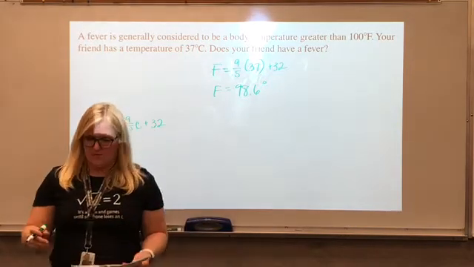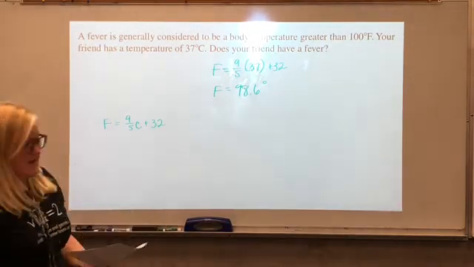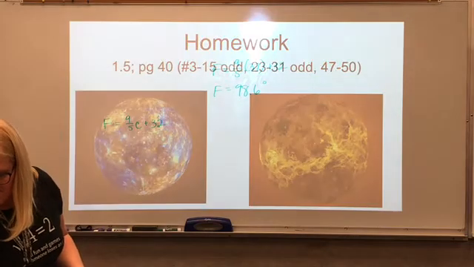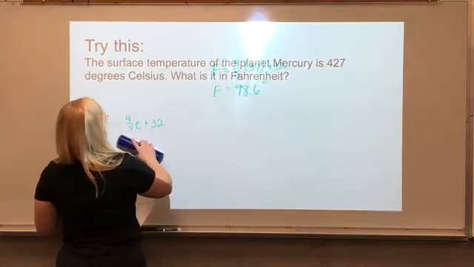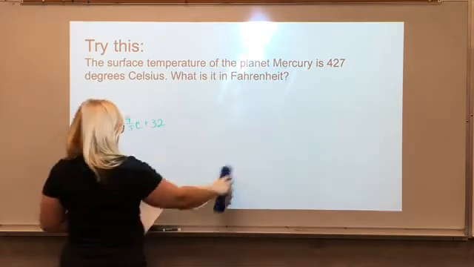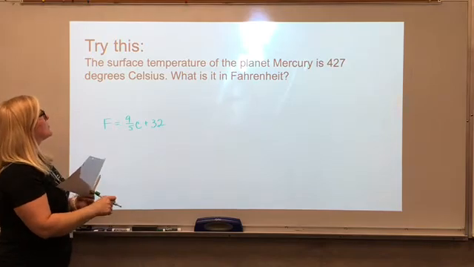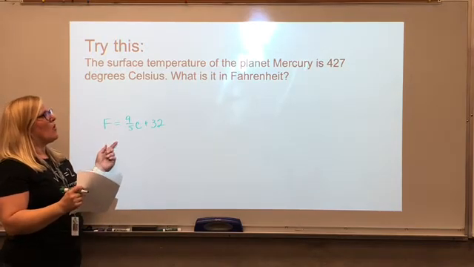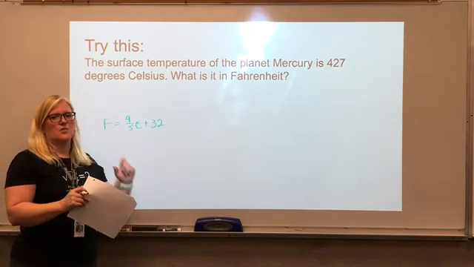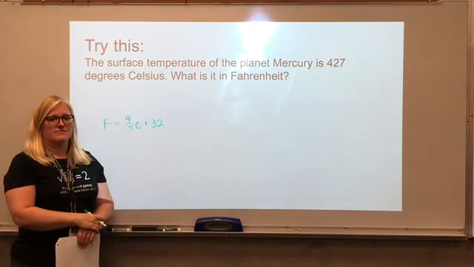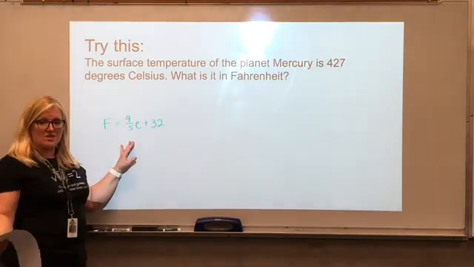Okay, so one more I want you to try. Okay, so I'm going to keep this formula up here, but it says the surface temperature of the planet Mercury is 427 degrees Celsius. What is it in Fahrenheit? So go ahead and pause and try this one. Okay, so we do the same thing that we did before.